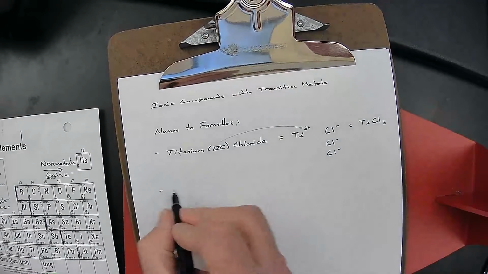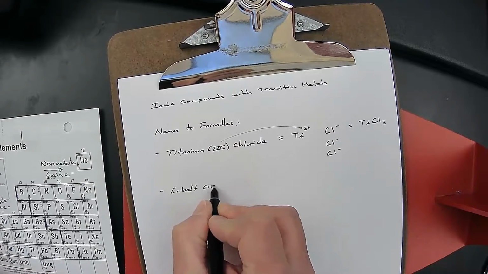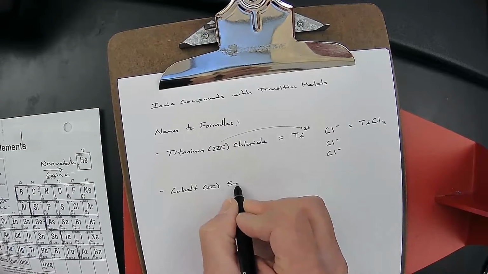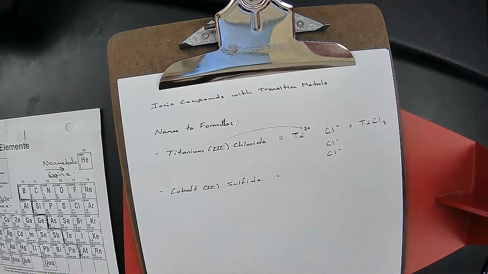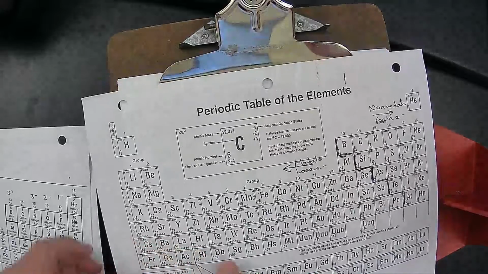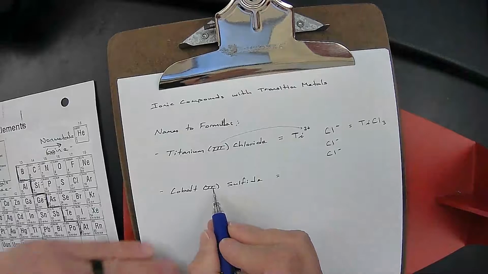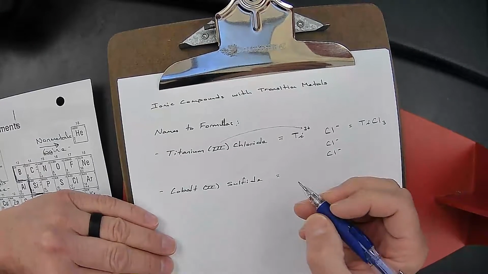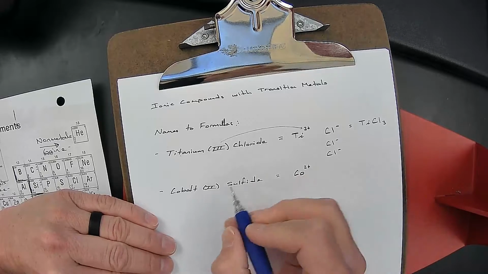Another example, cobalt 2 sulfide. Cobalt on our oxidation chart can be a 2 plus or a 3 plus. Because of the Roman numeral 2, we know that cobalt is going to be a 2 plus.